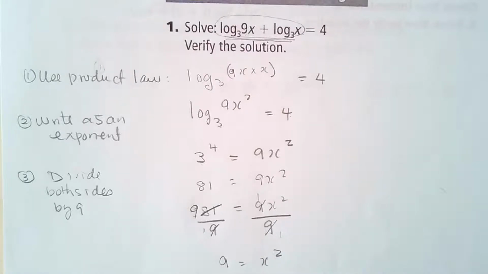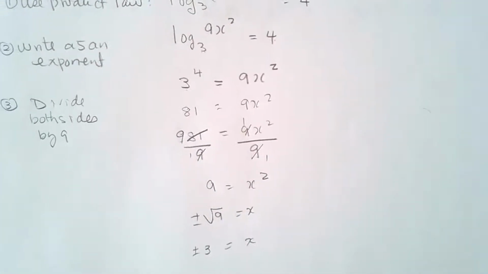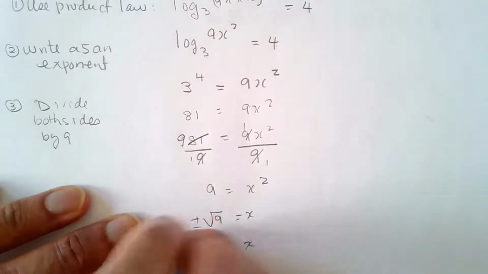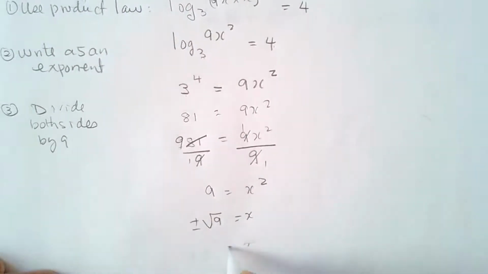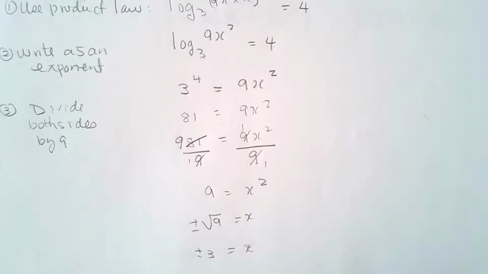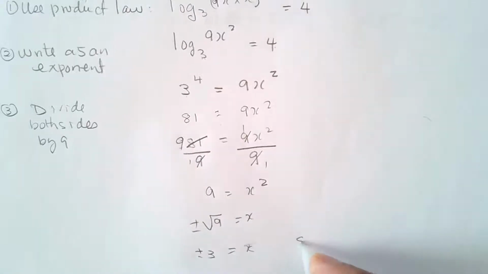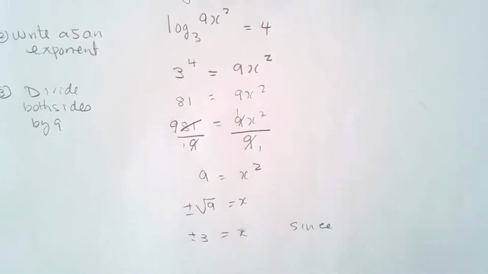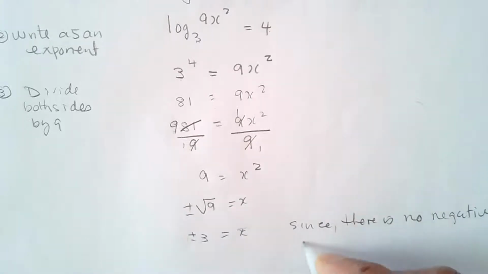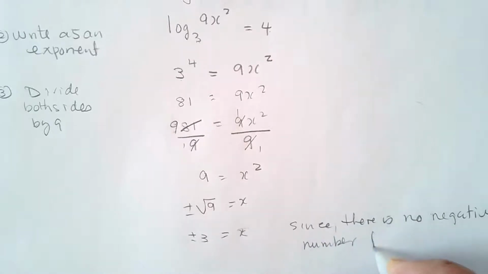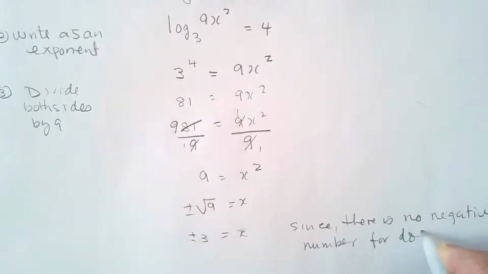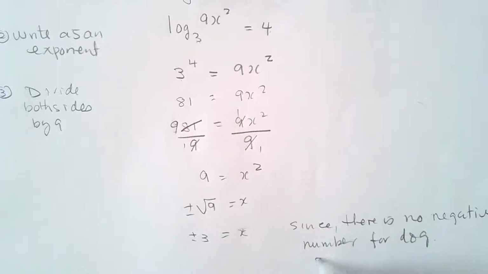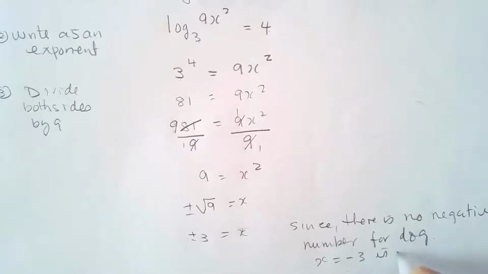Now, since we cannot have a negative number for a log, there is no negative number for a log, x equal to negative 3 is extraneous.